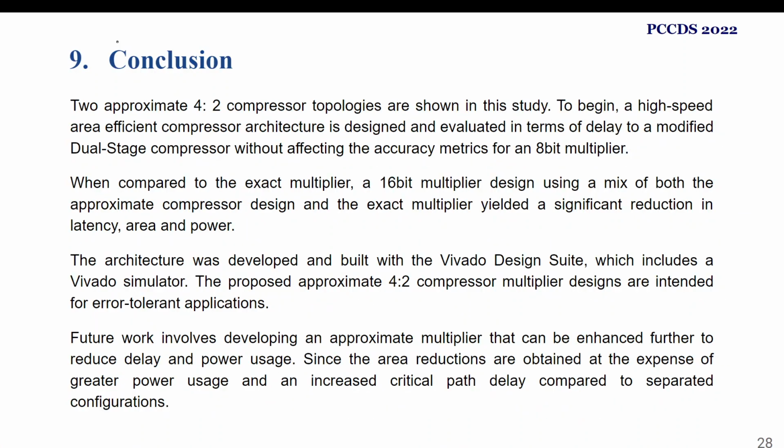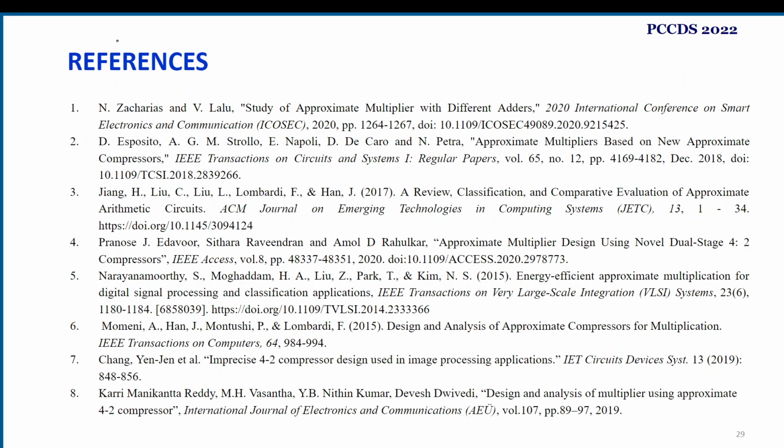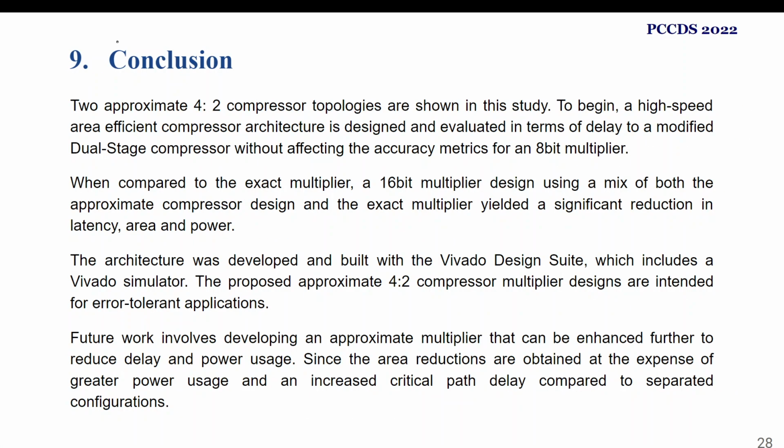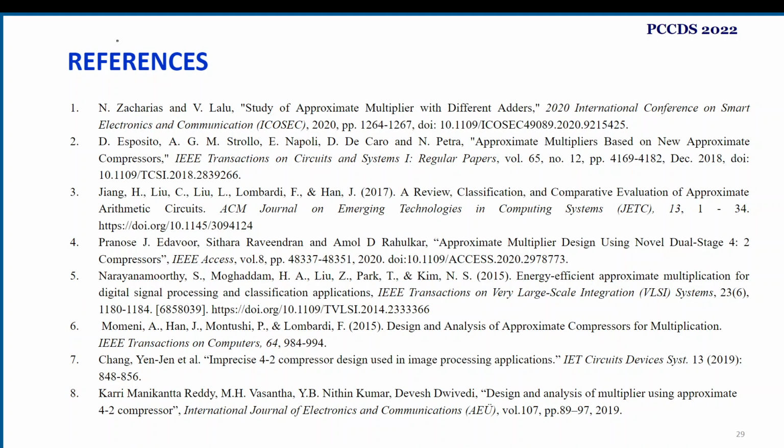Now, the future work involves developing an approximate multiplier that can be enhanced further to reduce delay and power usage, since the area reductions are obtained at the expense of greater power usage and increased critical path delay. These are some of the references.